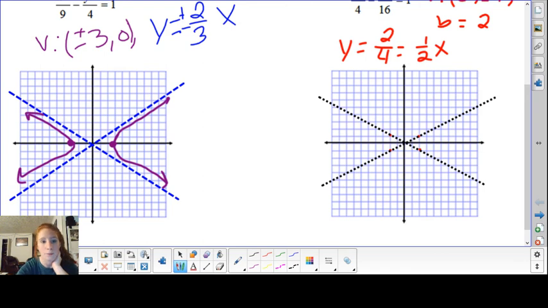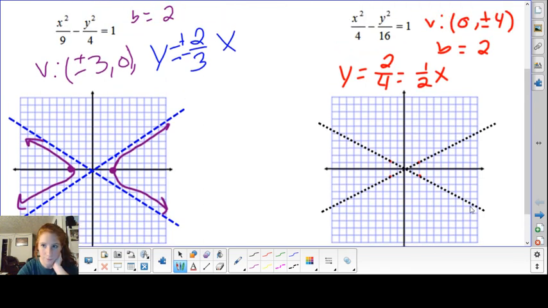Okay, my vertices are at 0, 4 and 0, negative 4. And that's what helps me to create the curve, my hyperbola.